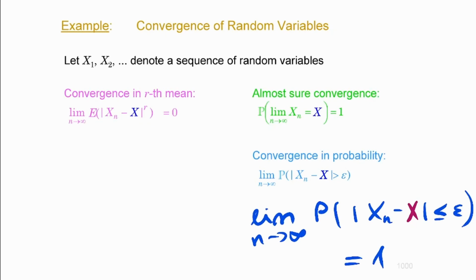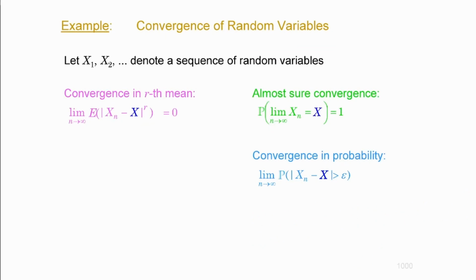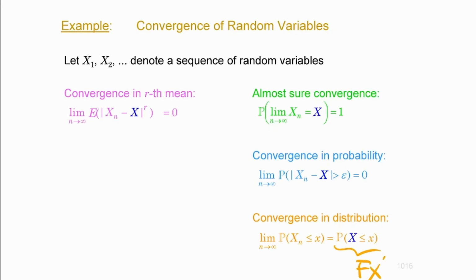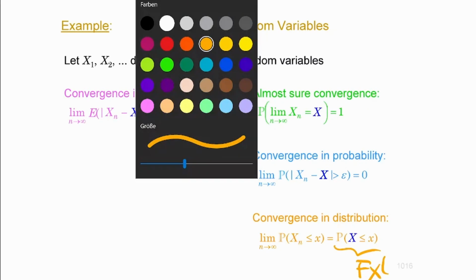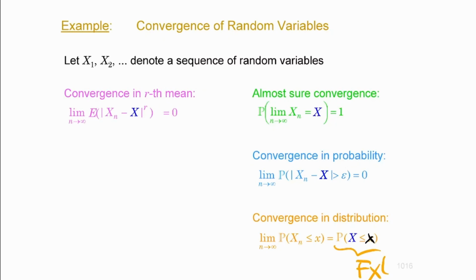Again, the last thing was convergence in distribution, which means that the cumulative distribution functions converge, which you see here. On the right, which is the limit, this is the cumulative distribution function of the random variable capital X at point small x. So small x is here.